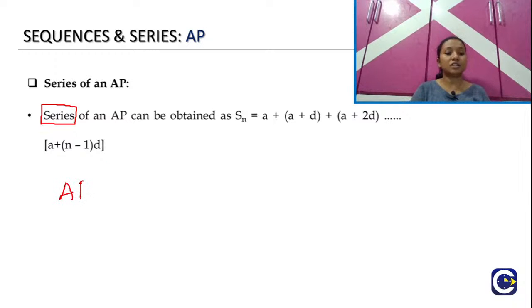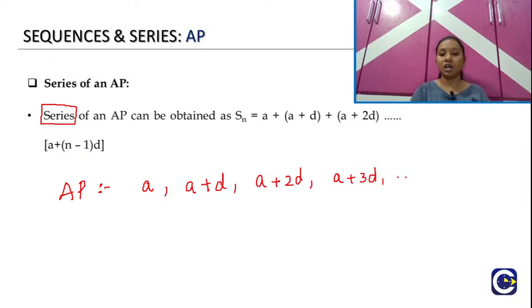So first let's write the standard terms which are present in the arithmetic progression. The sequence will be A plus D, A plus 2D, A plus 3D, and so on. So these are the terms involved in the arithmetic progression.